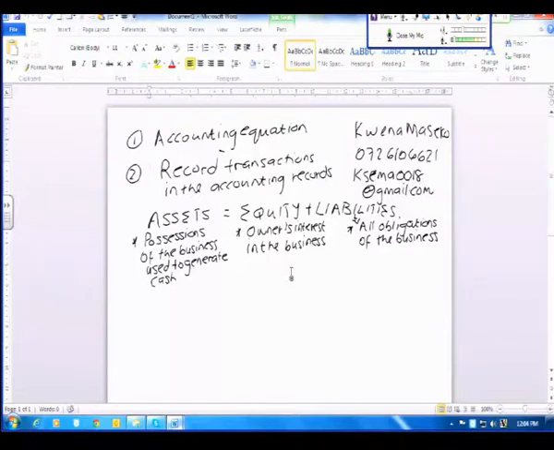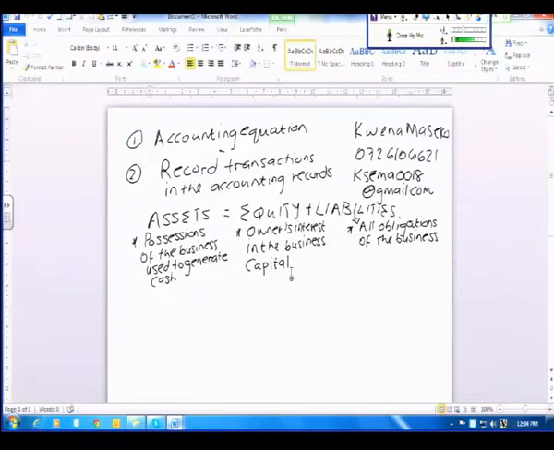So this accounting equation basically makes sense because to start a business, you will need to get some capital. You need some money. You can't start a business with nothing. That will be your equity. We call it capital. Under equity, one element of equity is called capital.